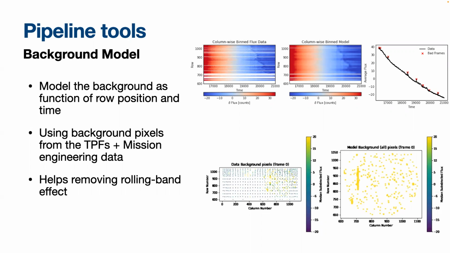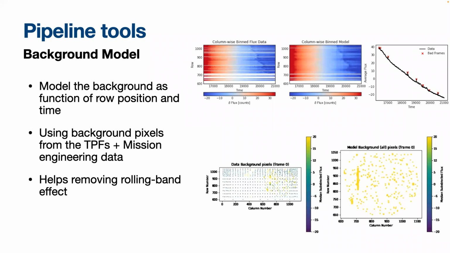We modeled that in a way that is computationally efficient, but also takes care of this signal, because the signal is mostly row dependent and time dependent. Our model is a function of row and time, like pixel row position and time.